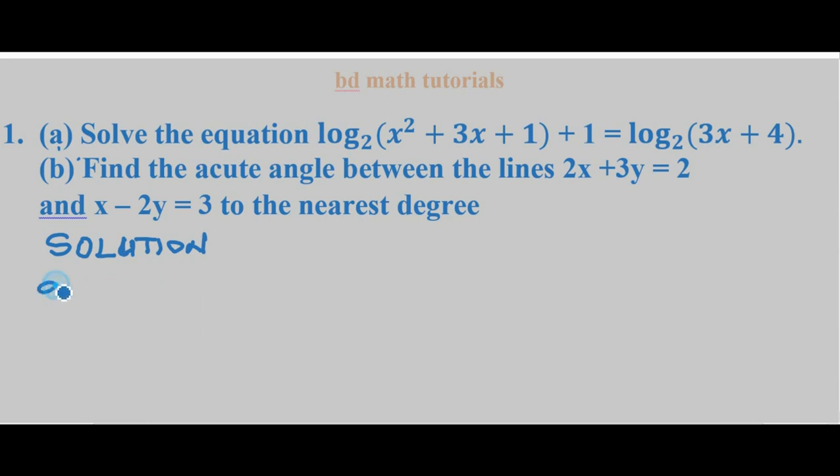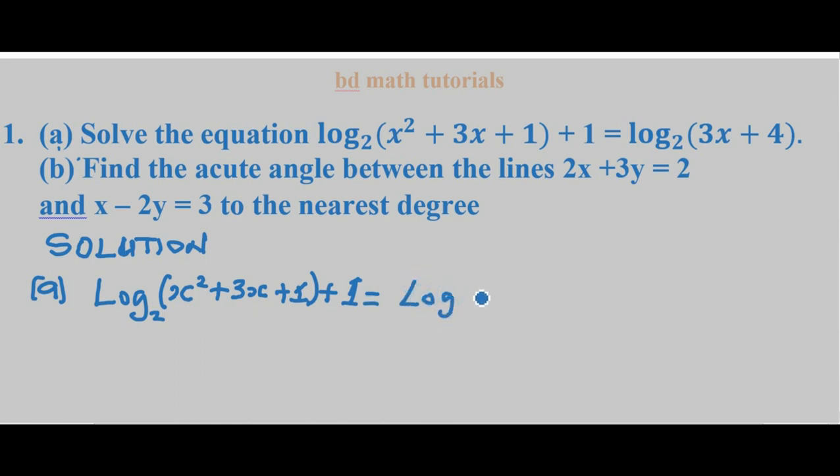For A, we have the log of (x squared plus 3x plus 1) to base 2 plus 1 is equal to the log of (3x plus 4) to base 2.